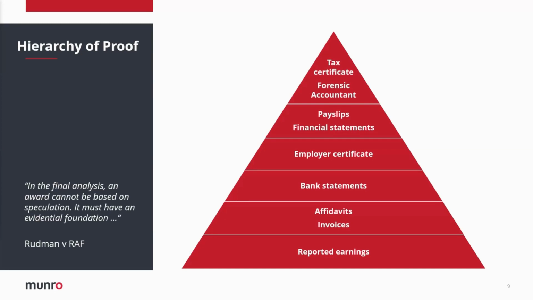It comes from a third party. SARS documentation gives you a holistic view of the person's income, and we found the courts are ranking it quite highly. It's generally considered to be indisputable proof of earnings.